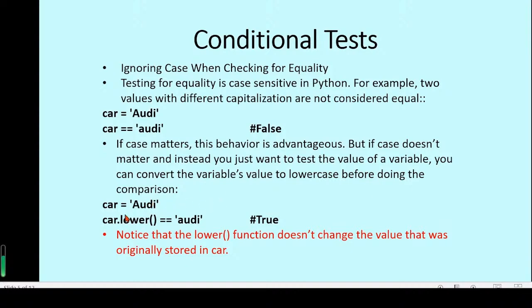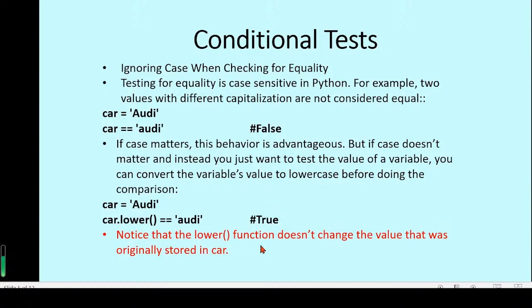So we again assign the value Audi in title form to car. Then we check the condition if the value is equal to audi in lowercase. But before we run this double equal sign, we add car.lower() to transform the car's case to lowercase before we do the conditional test.